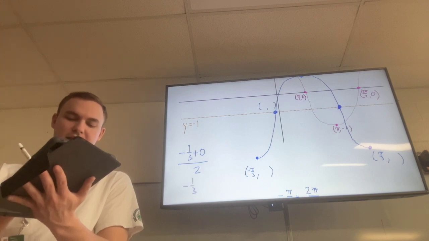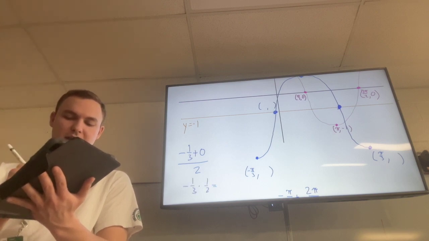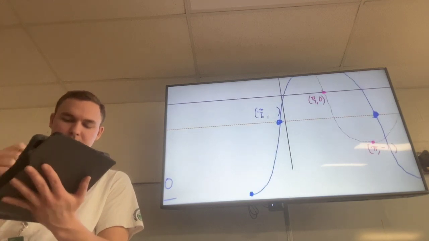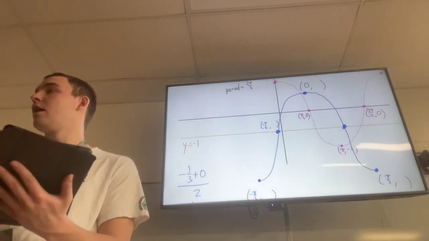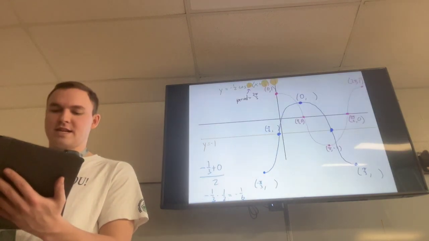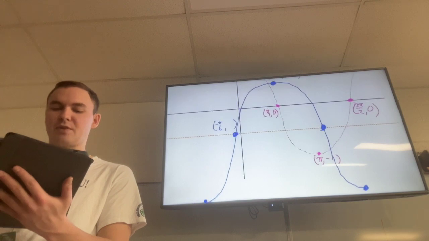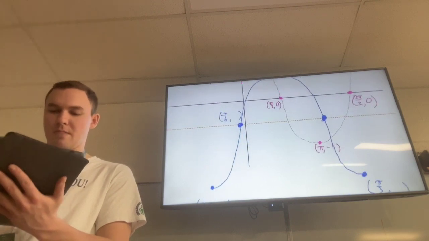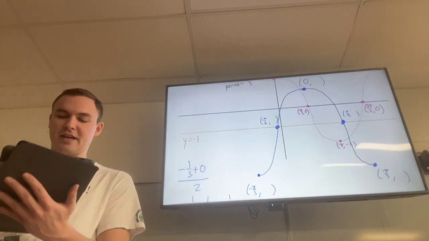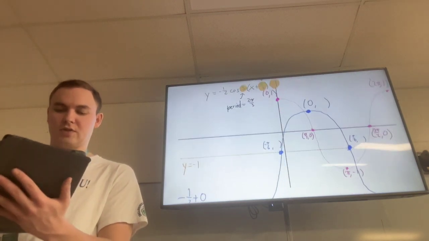That's the same thing as negative 1/3 times 1/2, or negative 1/6. So this is going to be negative pi over 6. And this point right here, smack dab between 0 and pi over 3, positive pi over 6, okay? Now I can start filling in my y values.